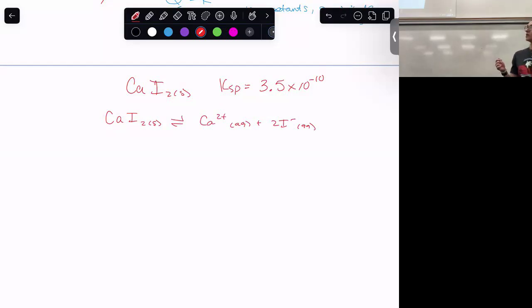Okay, so one of the big things that we can do is that we could add water to our solution. What happens if we're adding water? Do we form more precipitate? Do we form more ions, or does nothing happen?